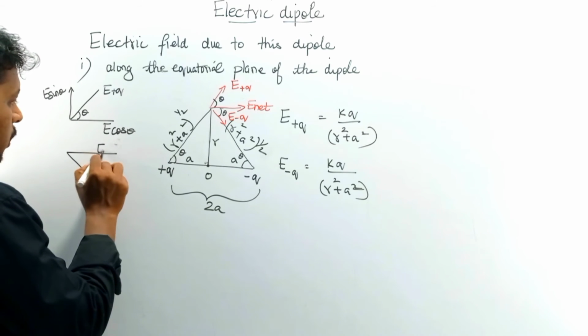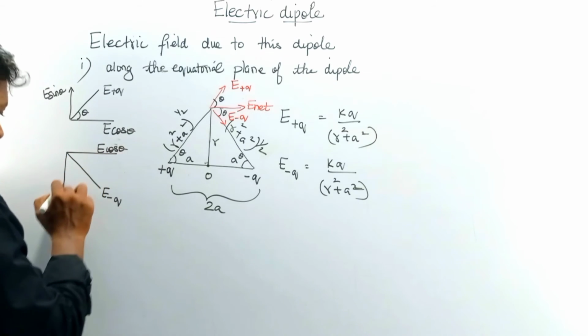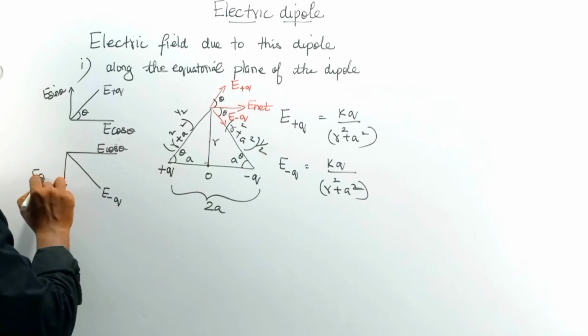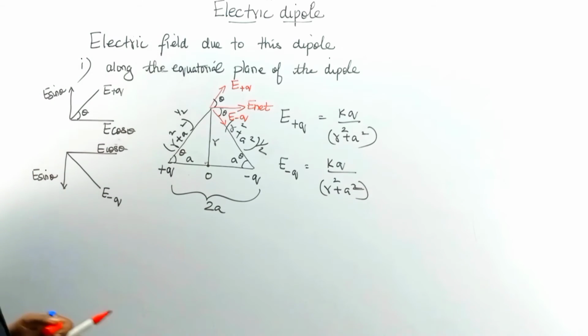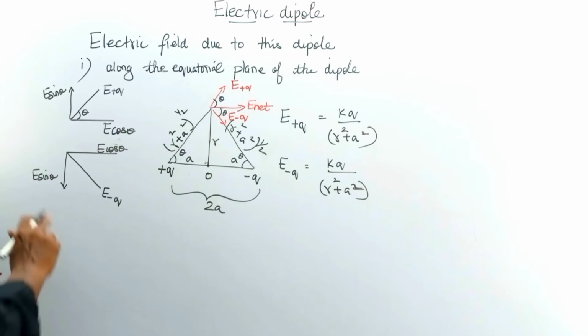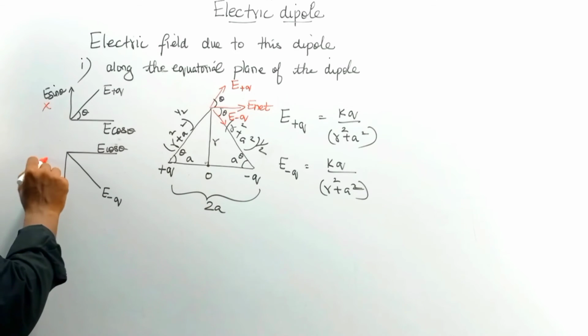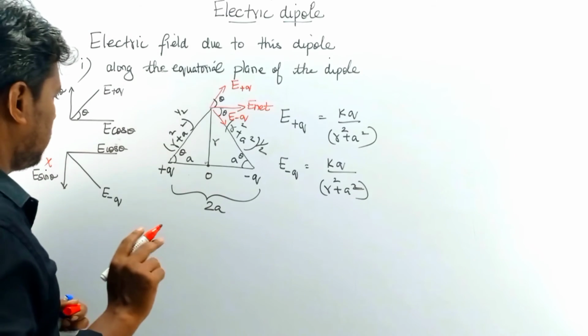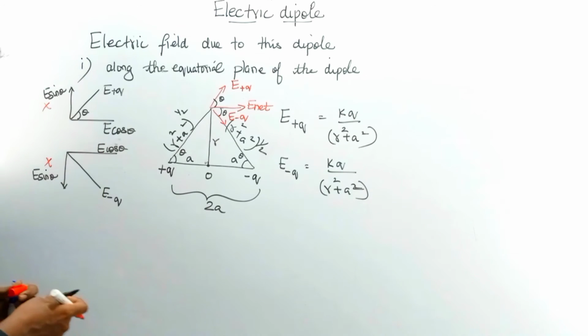The magnitude along the horizontal will be E cos theta, and along the vertical it will be E sin theta. In both, the E sin theta components are in opposite directions, so they cancel each other out. We are left with only E cos theta and E cos theta.